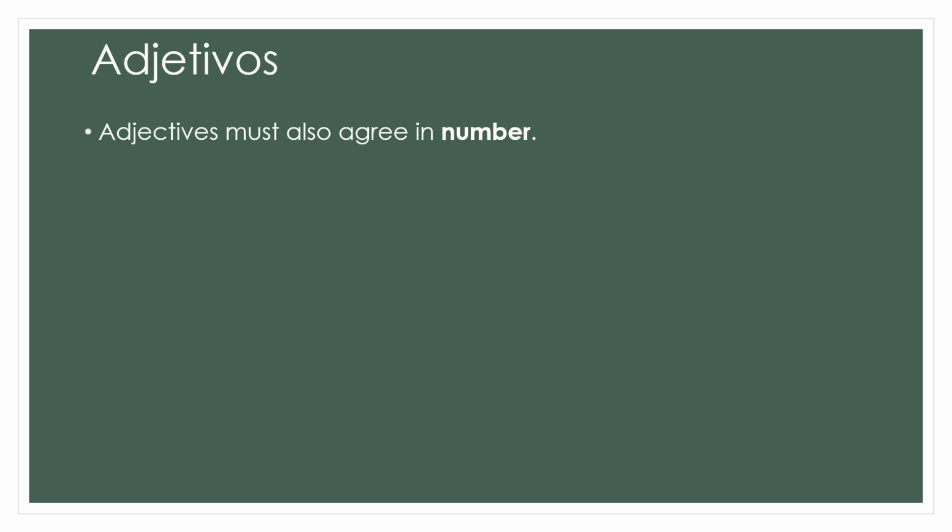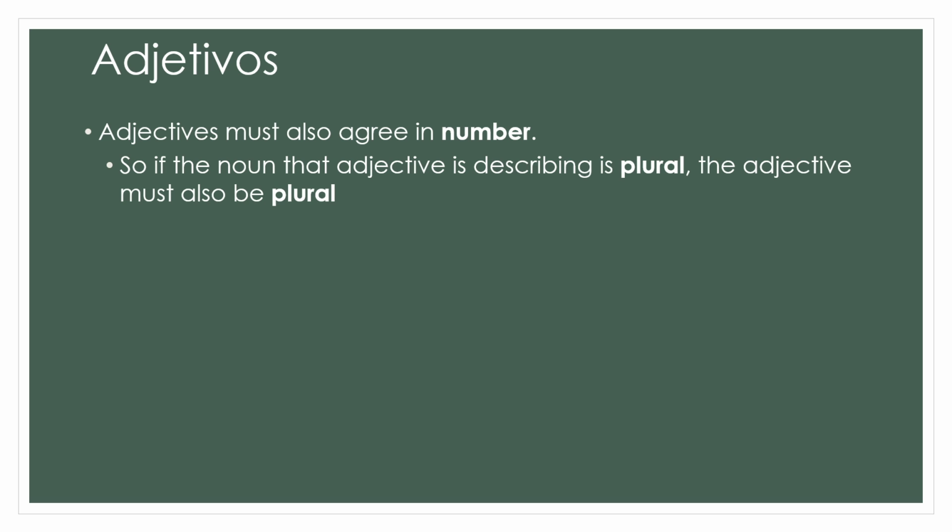All right, here we go. Guess what? They also agree in number. What? So if the noun that adjective is describing is plural, we're going to make that adjective plural as well. So in Spanish, the adjective needs to agree in both gender and number.